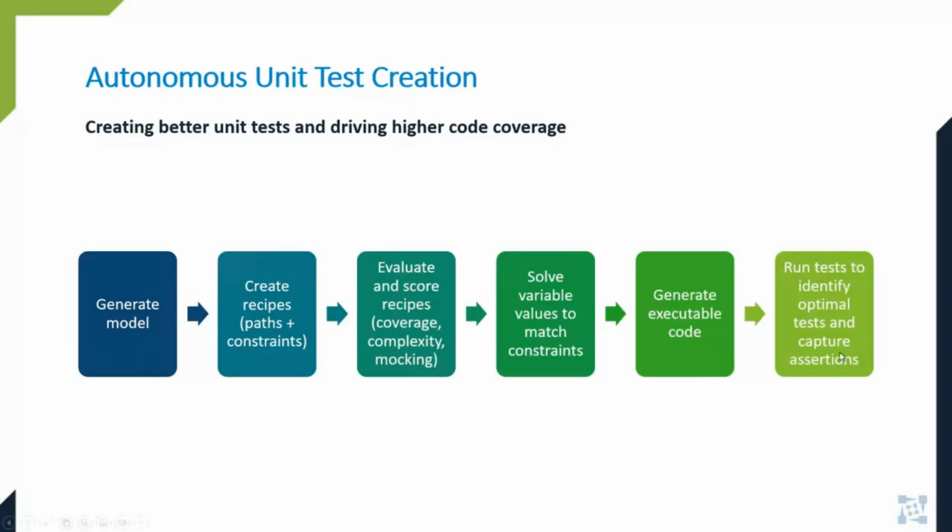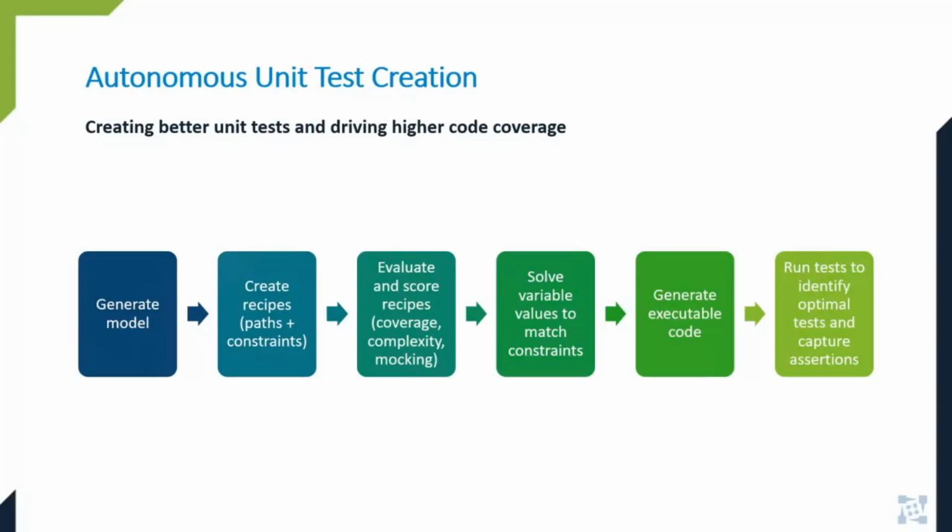And then from those very best ones, we'll look at those constraints and we'll look at what variable values need to be in place in order to reach that particular code flow. That final set of recipes is then used to generate the executable code. And as I mentioned before, we then run those to figure out things like assertion values that we can add.